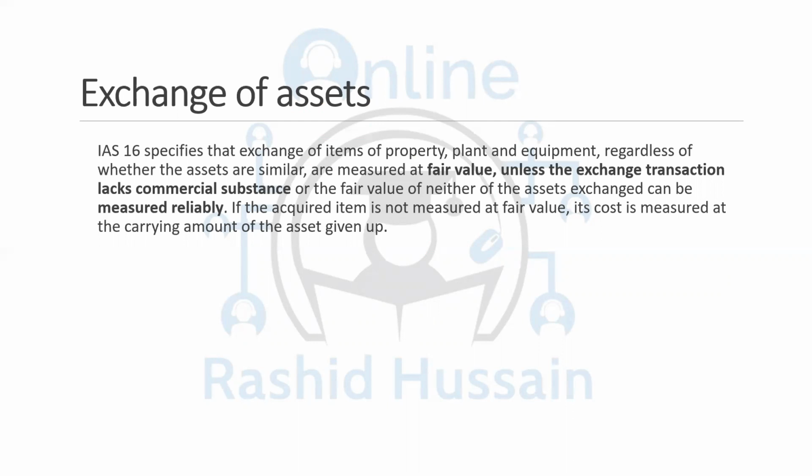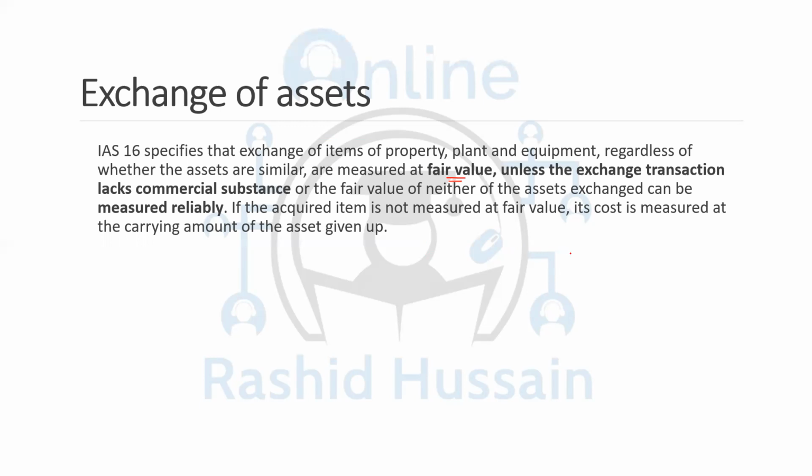Now, the simplest way is whatever you are getting in exchange, you should measure the fair value of that asset. Whatever the fair value is, you are going to record the asset you are getting in exchange at its fair value. Unless the fair value cannot be determined reliably.